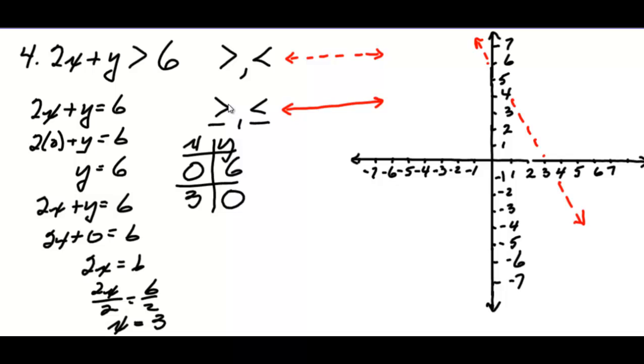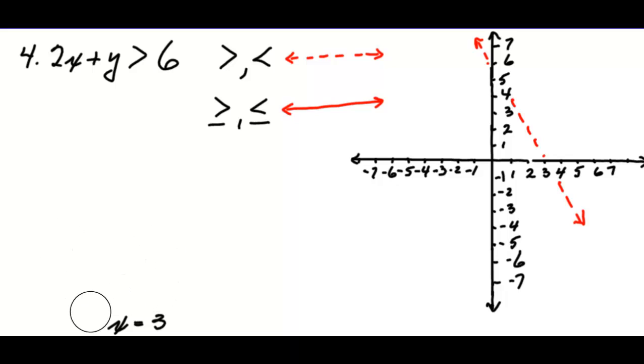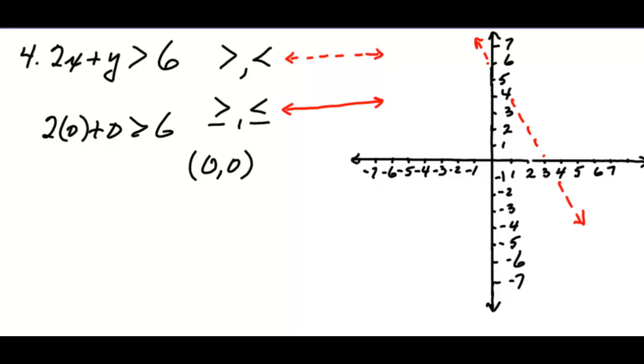That's the linear portion. But we have an inequality. So what we need to determine, when we're graphing an inequality, is where do we shade? And so what you need to do is go back to the inequality itself. And this time what I use is the point 0, 0. If I substitute in 2 times 0 plus 0 is greater than 6.